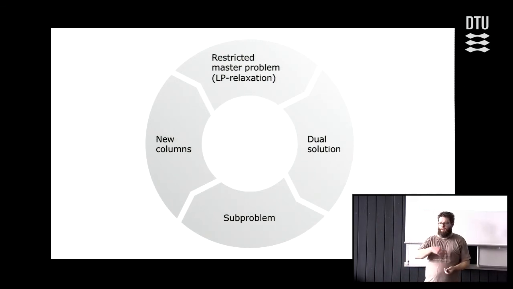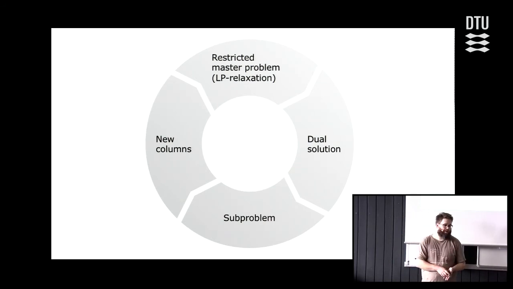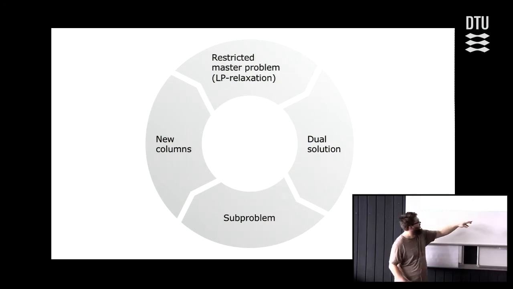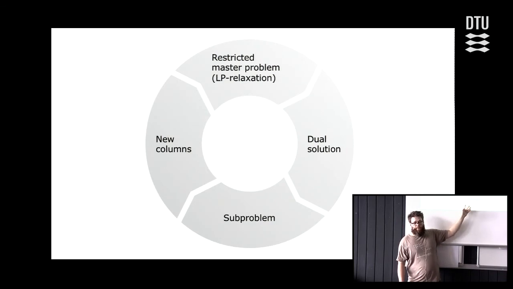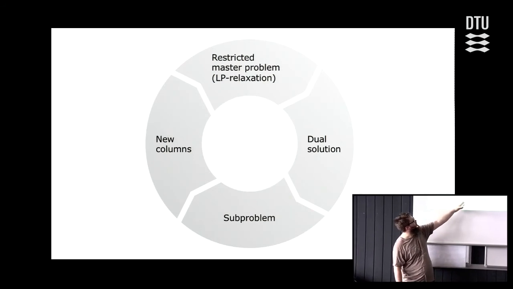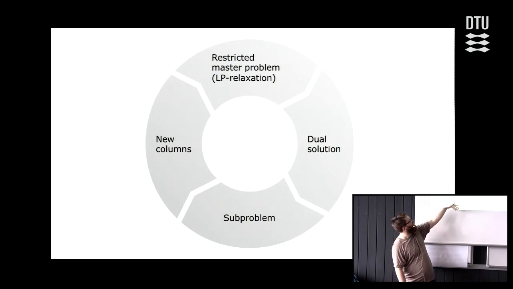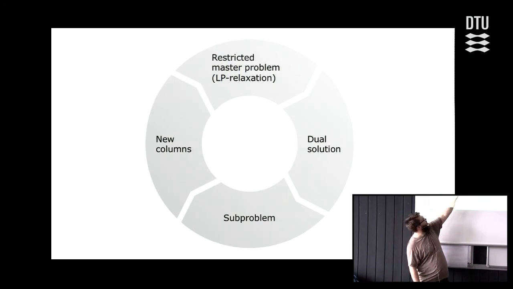In this case, if we use the day decomposition, the subproblem is to select which courses should choose which patterns on a specific day, given the dual solution. And then we look for a column which can improve our master problem. If we find such a column, we say it has a negative reduced cost. It's just a bit technical, but we put it into the master problem, and we will iterate this process again and again.